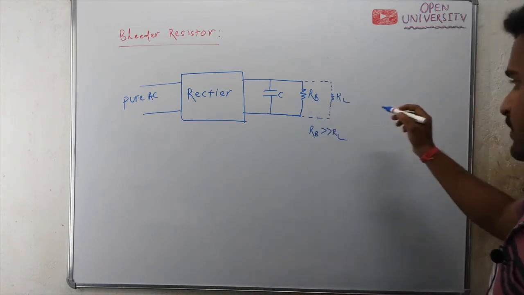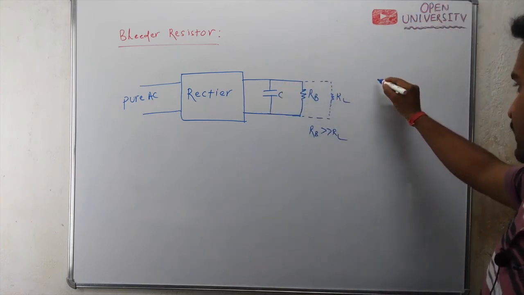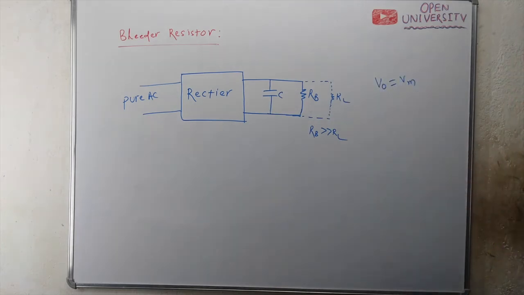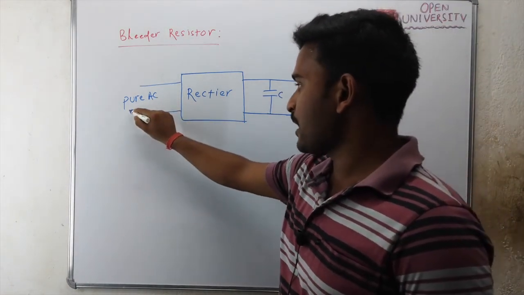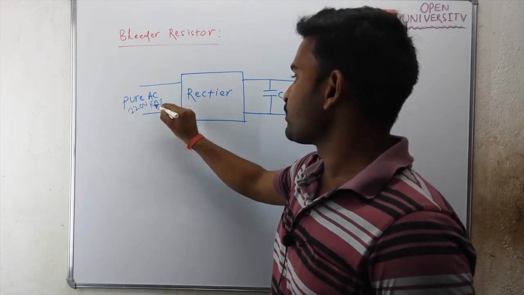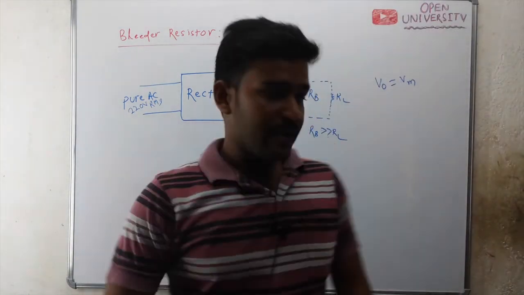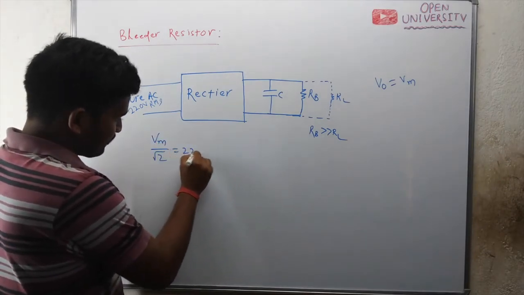In the special case of your rectifier with capacitor filter, when RL was not present, the output voltage V0 was Vm. What is Vm? Maximum value of input voltage. Suppose the input AC signal has RMS value 220 volt. That is Vm by root 2 equals 220 volt.